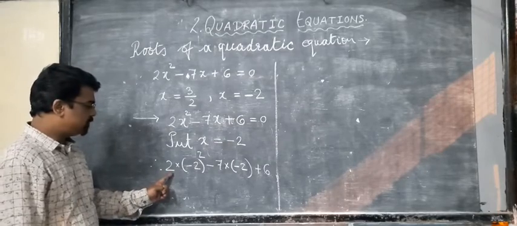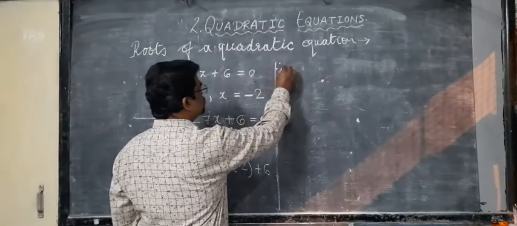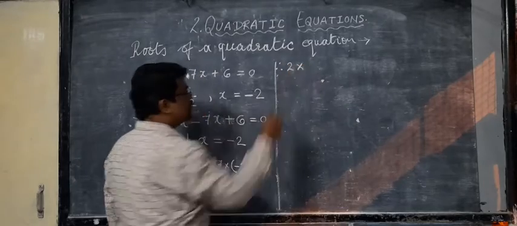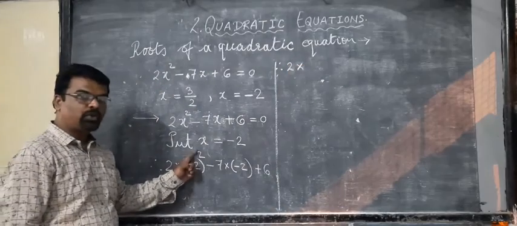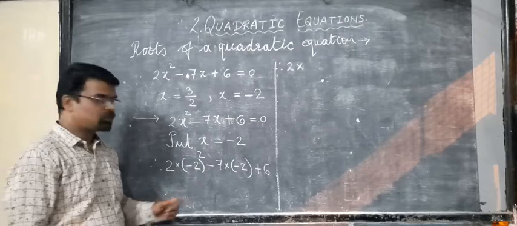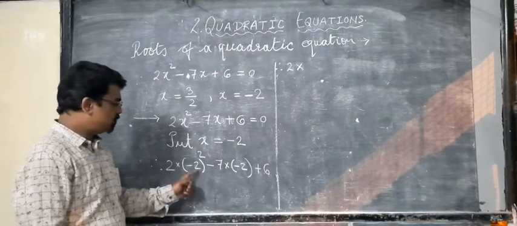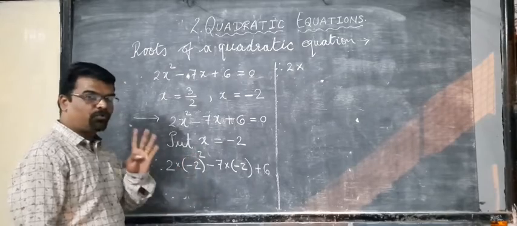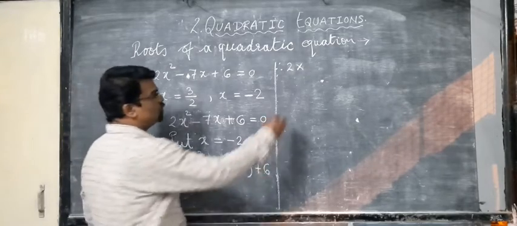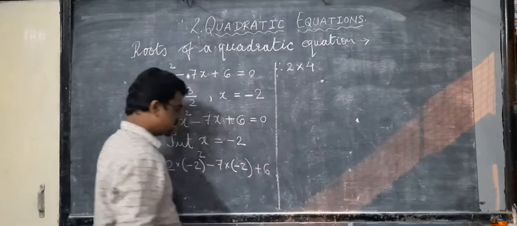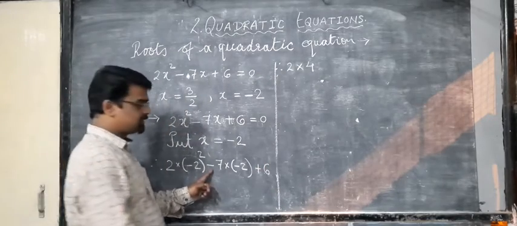Now, next step. Therefore, 2 into minus 2 square is 4. Square of negative number is always positive. So, minus 2 square will be equal to 4. So, it will be 2 into 4 minus.